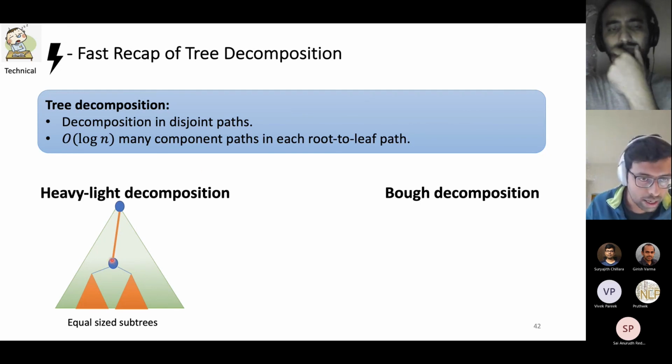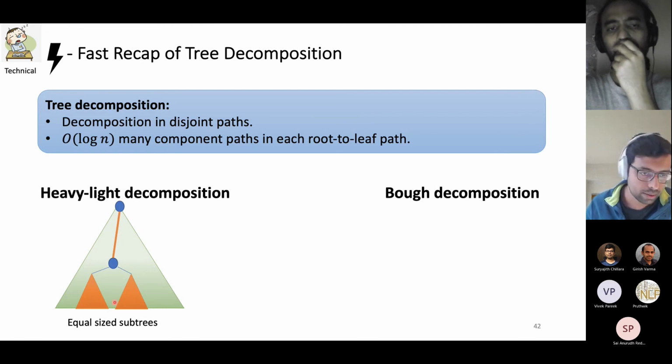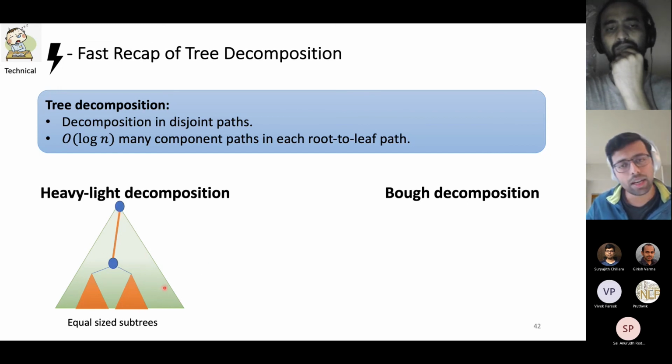This is where you stop, and you declare this orange path as one of the paths in your decomposition. Once you have that, you recurse on these two orange guys and whatever is left of the green, and you keep on doing it. It's not very hard to see that you can only do it log n many times. So every root to leaf path over here is going to be broken down into log n many subpaths.